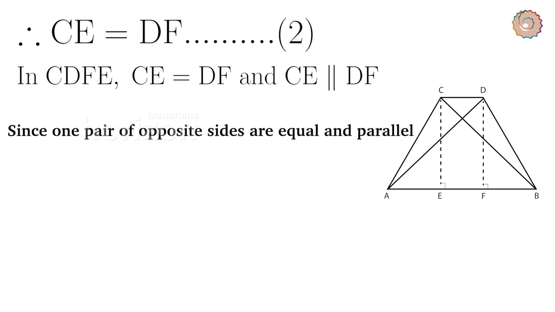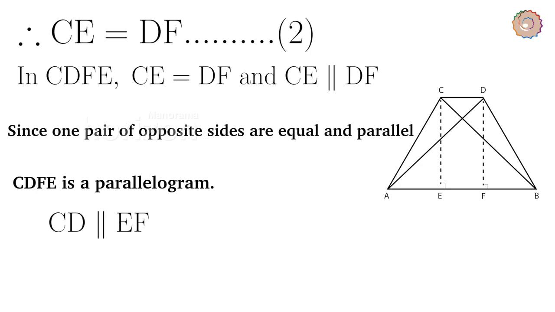Since one pair of opposite sides are equal and parallel, CDFE is a parallelogram. So, CD is parallel to EF because opposite sides of a parallelogram are always equal and parallel. EF lies on AB, so CD is parallel to AB. Therefore, that's proved. Two triangles having the same base or equal bases and equal areas lie between the same parallels.